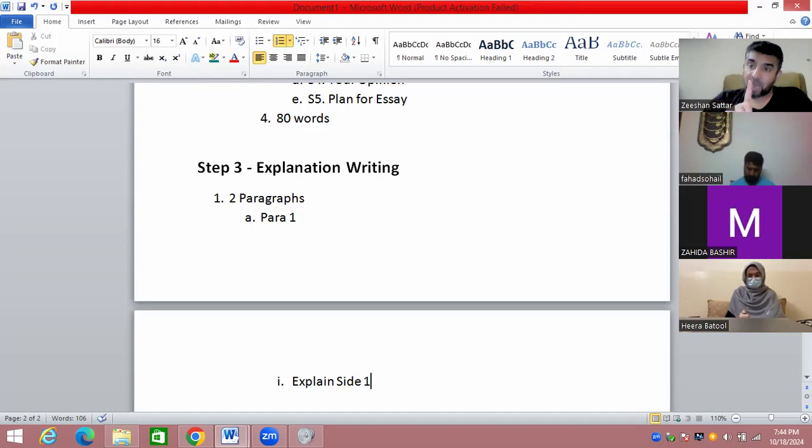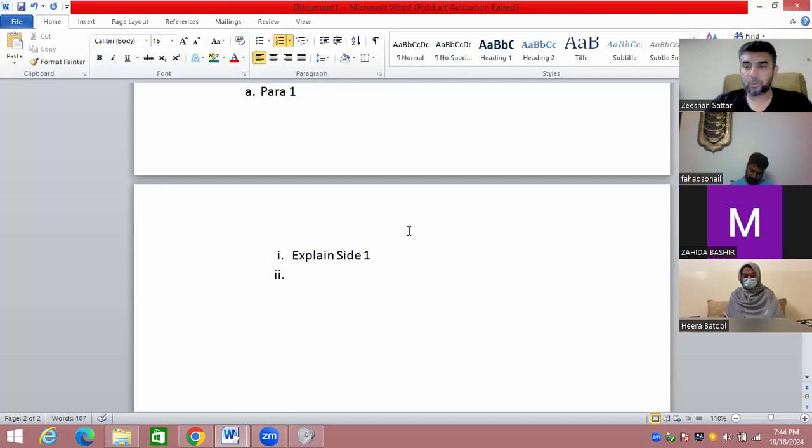The first paragraph of explanation will cover side number 1. Explain side 1 in paragraph number 2, write 4 ideas with their impacts.